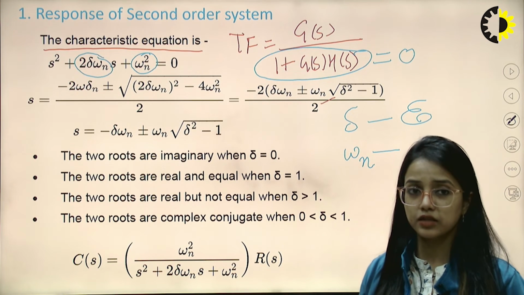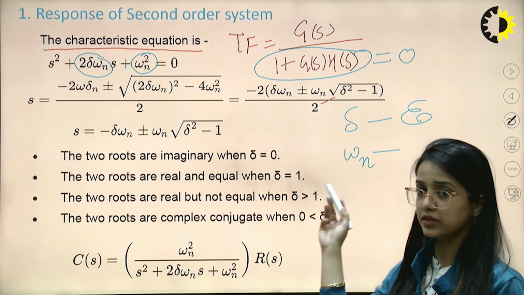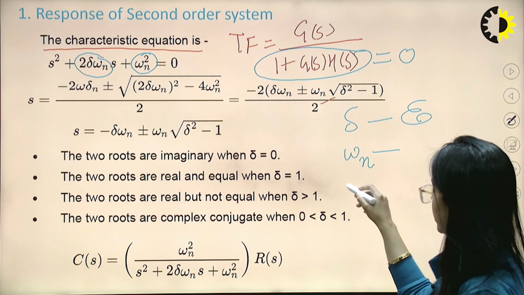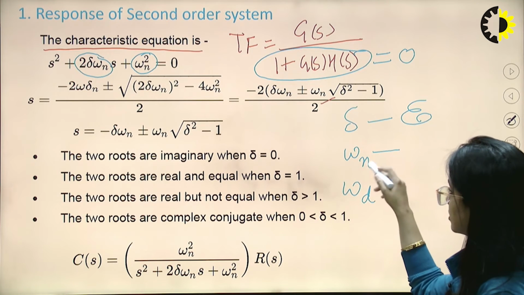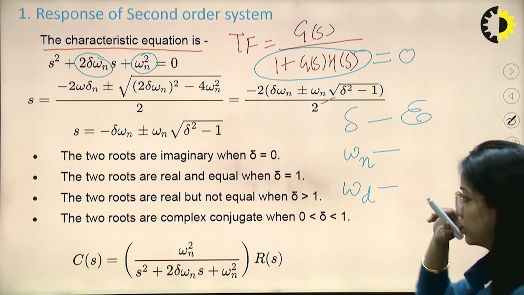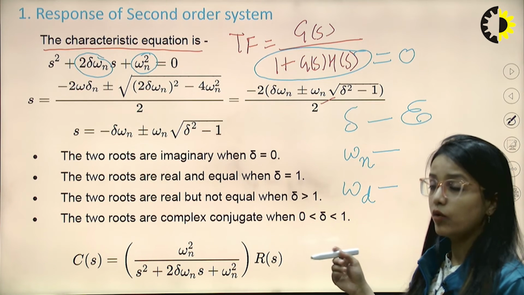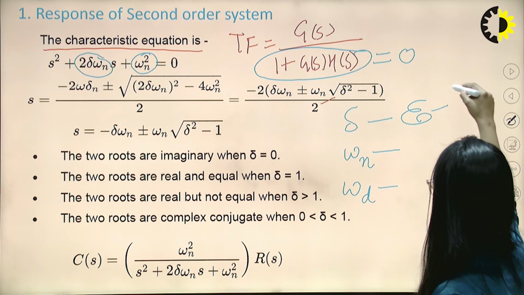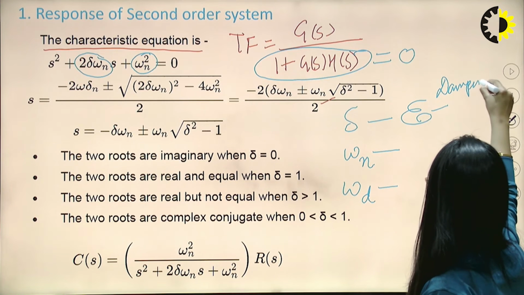So this is nothing but frequency, and from this omega n we have certain other frequencies. This is damped frequency, this is undamped natural frequency, and in the previous lecture we have studied what damping actually is, and zeta is called the damping ratio.